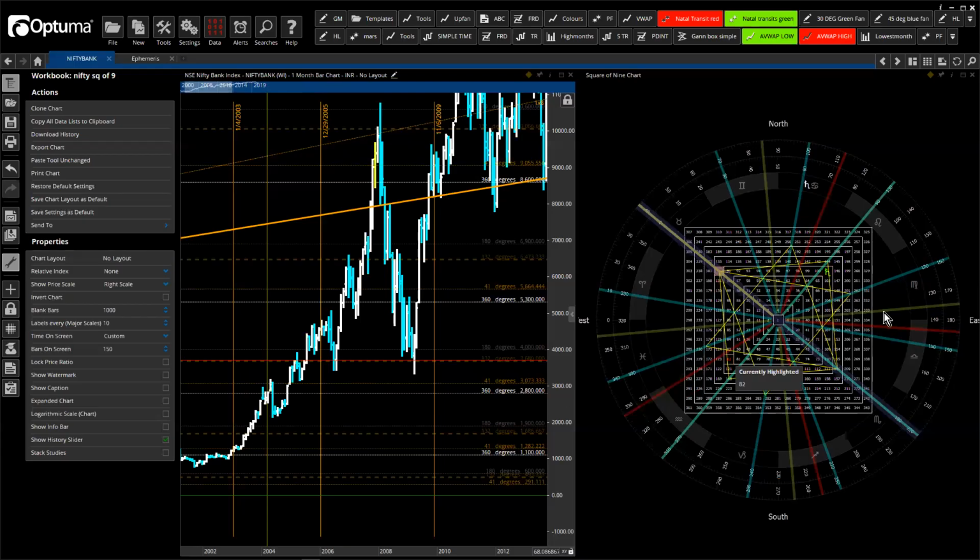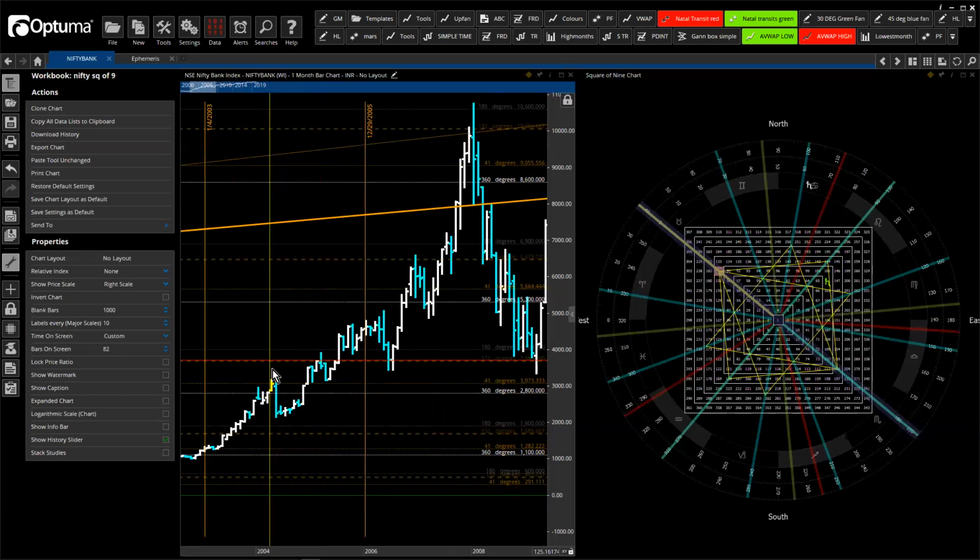Okay? So the moment that it hits the degree that we're looking at, and then the moment it also passes that degree to the next degree. It moves slow enough that we can do that. So here we have it moving 1 more degree over, and we find in this month, we find the high. Okay, it's not perfect. Where does the price go?